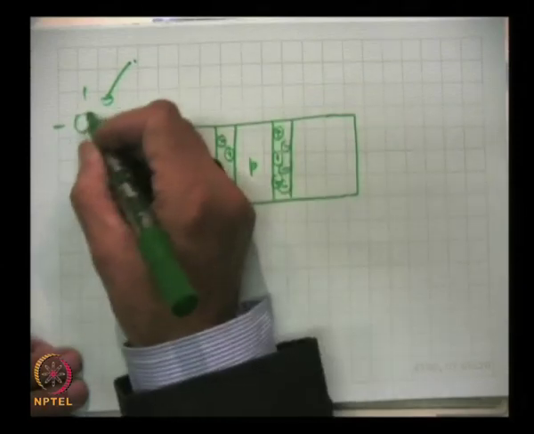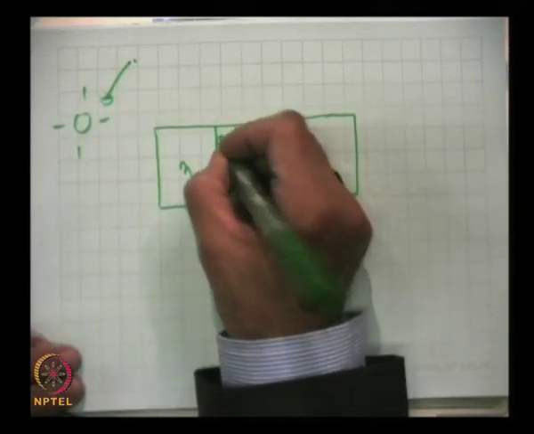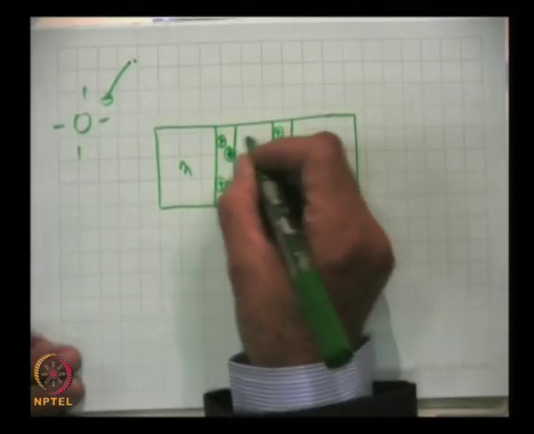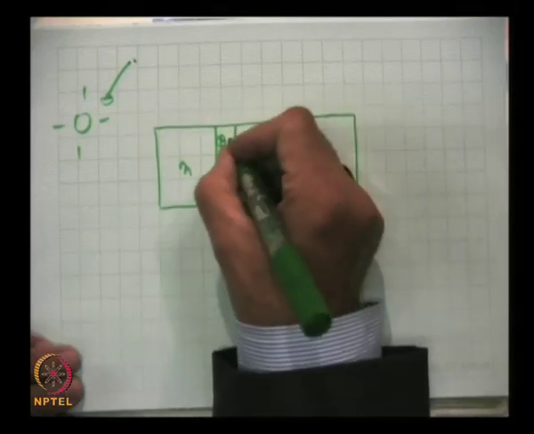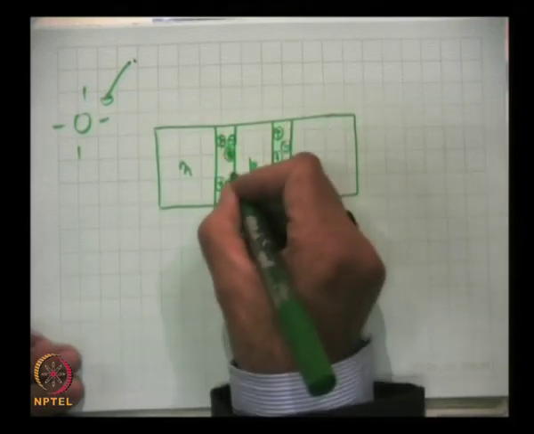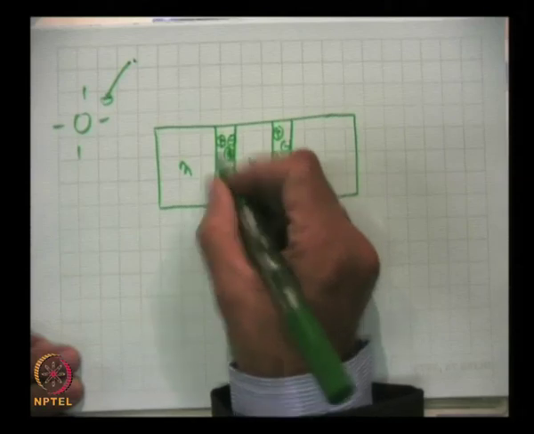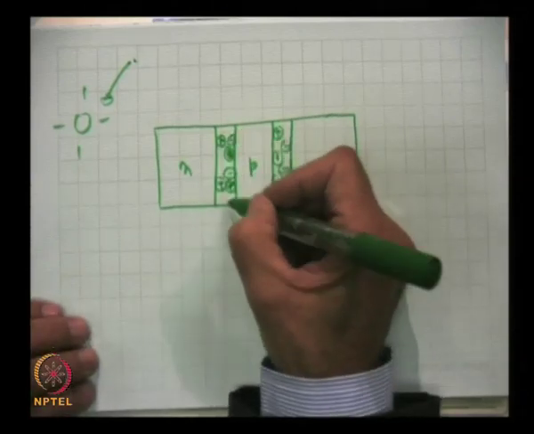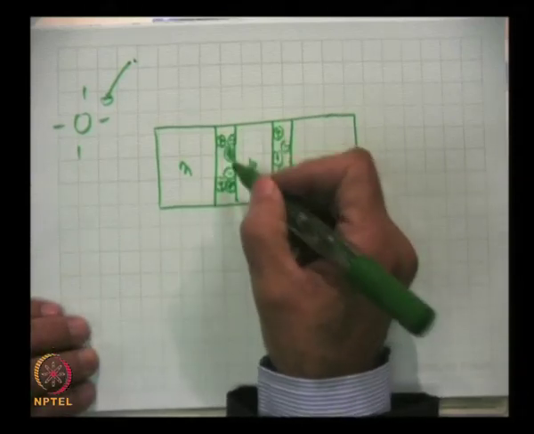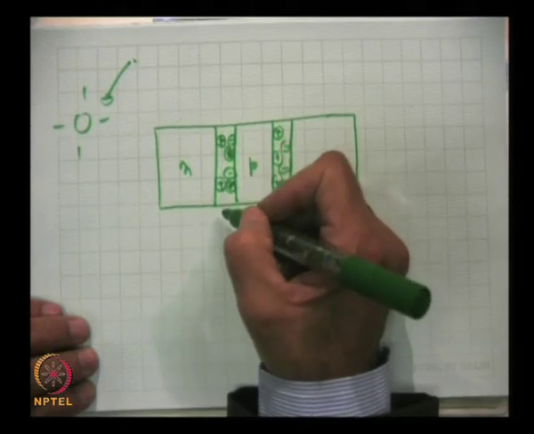So, on this side it will be a positive ion and here on the p side there will be a negative bound charge. So, this is the space charge region and high resistivity region.